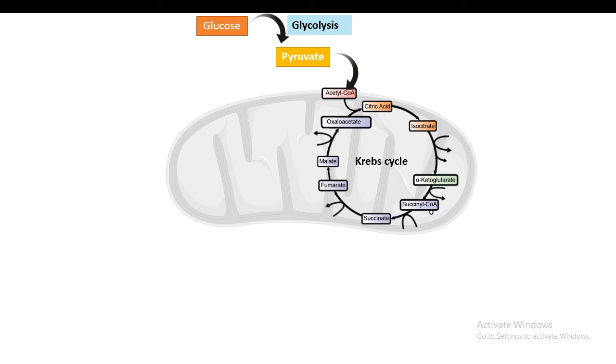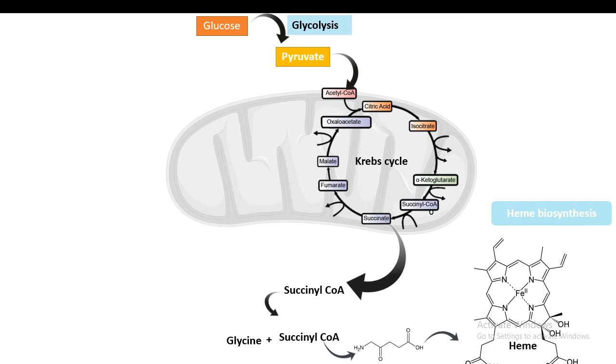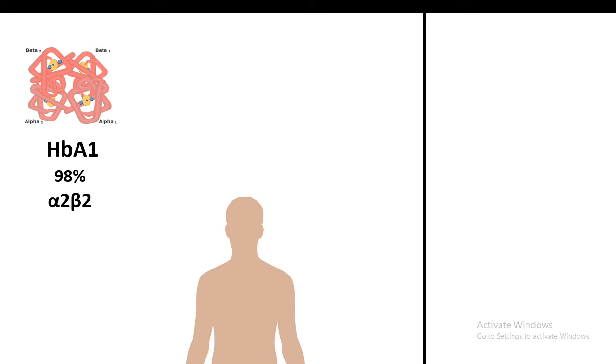Heme biosynthesis takes place from an intermediate of the Krebs cycle known as succinyl-CoA. Now the succinyl-CoA and the amino acid glycine are together used to form delta aminolevulinic acid, which gets eventually converted to heme, right? Now this heme can bind to the oxygen.